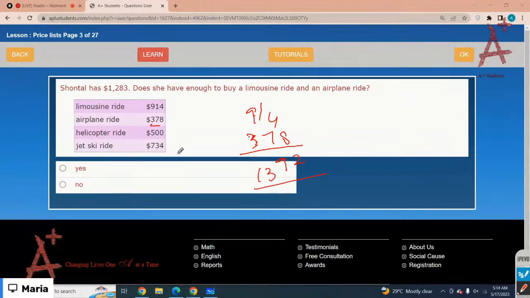It would be 1392. Both the amounts cost 1392 and she has 1283. That means no, she doesn't have enough to buy both the rides. Got it? So the correct option is no.